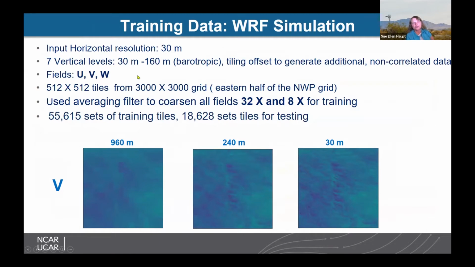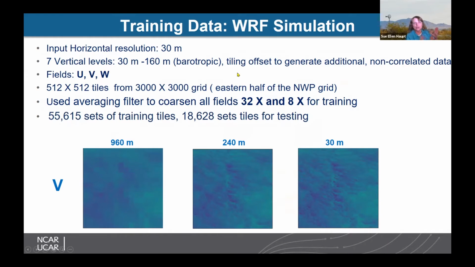Okay, so training data. We have an input resolution of that simulation of 30 meters. We're giving the three components of the wind field, U, V, W, using 7 vertical levels because we care about wind energy. It's over the rotor blade, which is about 30 meters to 160 meters. 7 levels, because it's barotropic flow, we end up with high correlation.